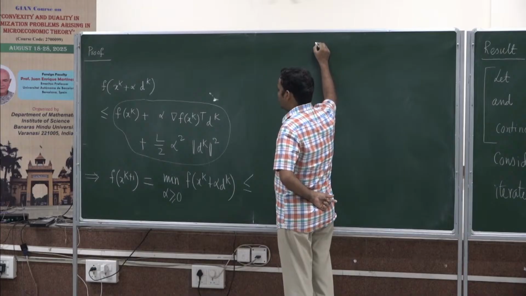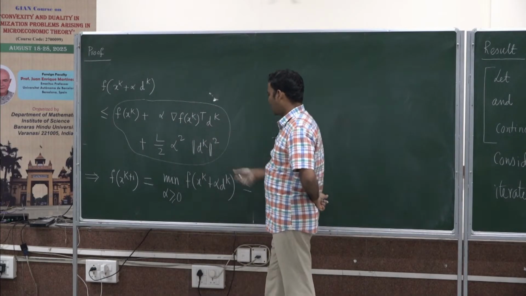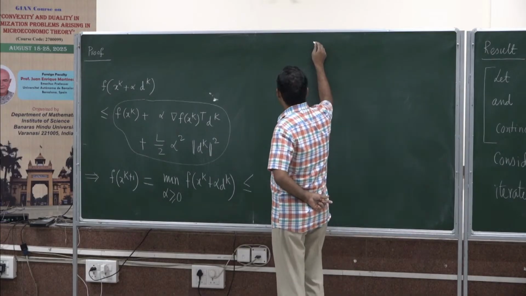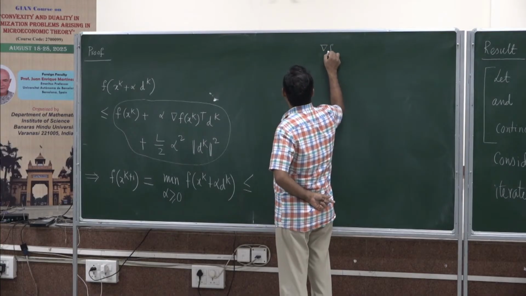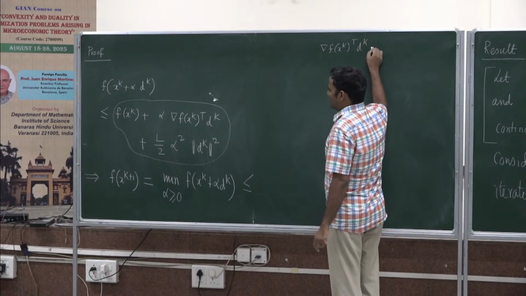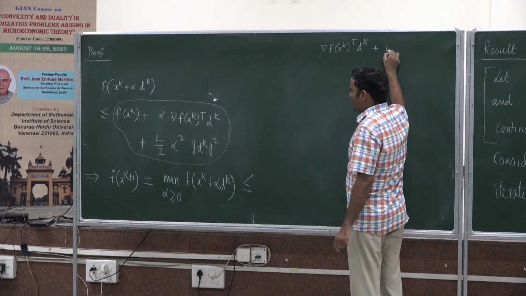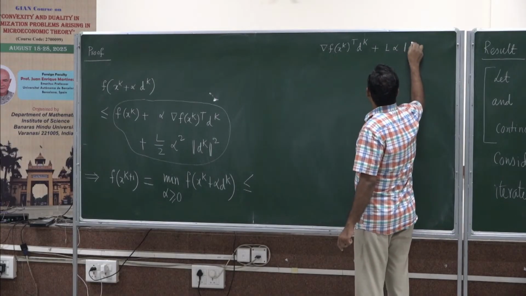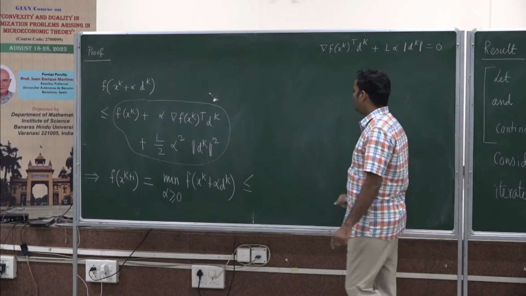Here we are trying to figure out the minimum value of this expression, so we take the derivative equal to 0, and then we get gradient f(xk) transpose dk plus L alpha norm dk squared is equal to 0, fine.